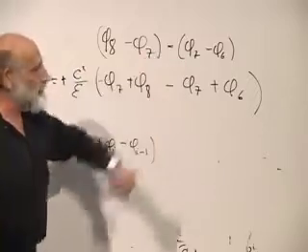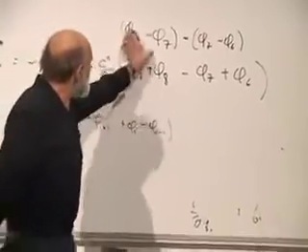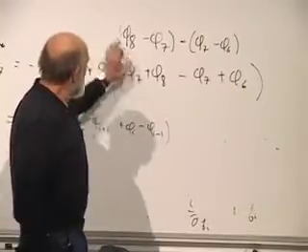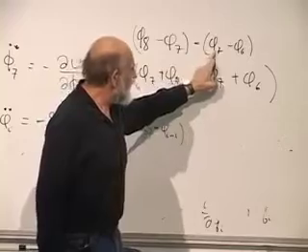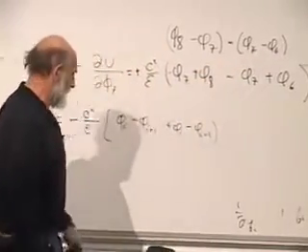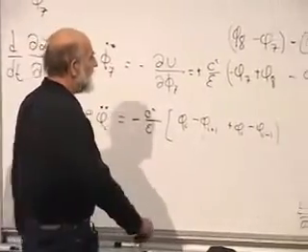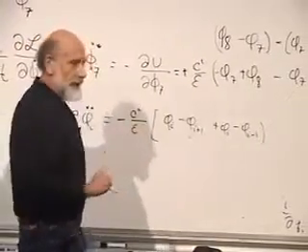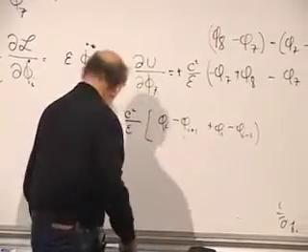Any idea what this whole thing will become? The second derivative. It's the difference of the differences. The difference between 8 and 7 less 7 and 6. This is going to become a second derivative. All right, but before we do that, let's divide by this epsilon here.